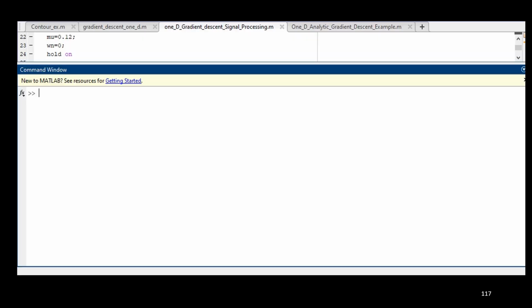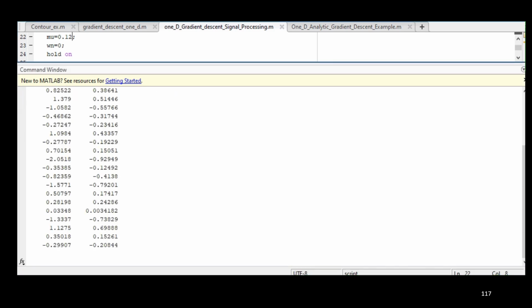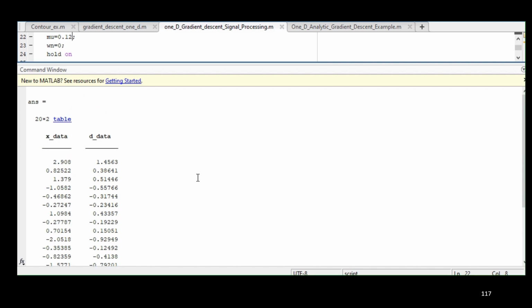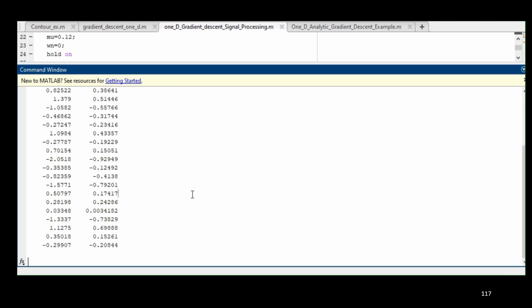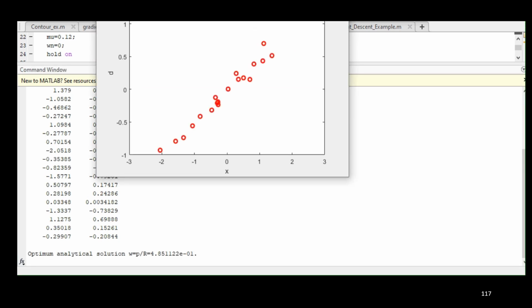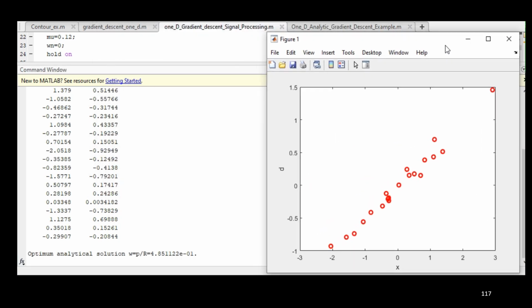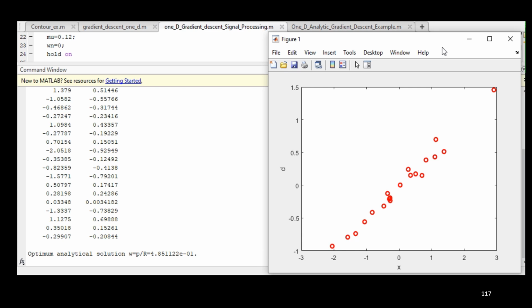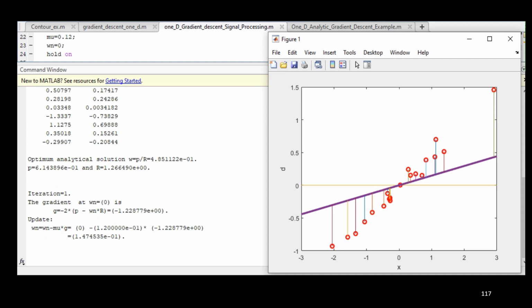And I can show you one simulation result, what we are going to show in the next simulation. You see, it will be interesting. First we will get the x data and the d data, and we will plot a scatter plot, and we will try to get one relation, d equal to x into w.